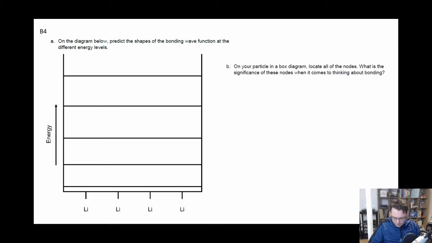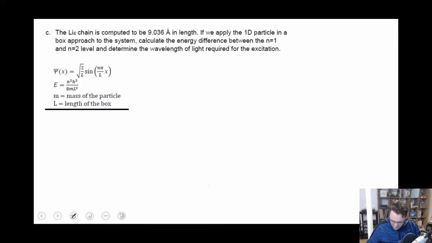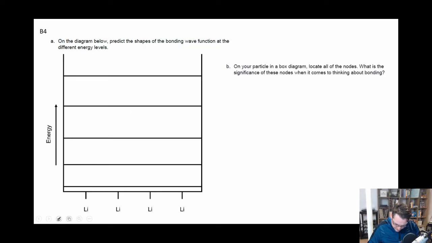It's the exact same thing that we would do with a regular particle in a box. We have our n equals 1, n equals 2, n equals 3, n equals 4, n equals 5.